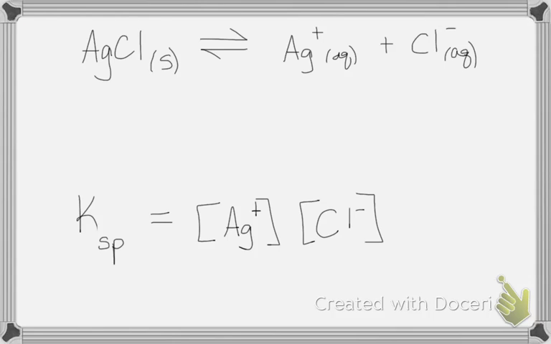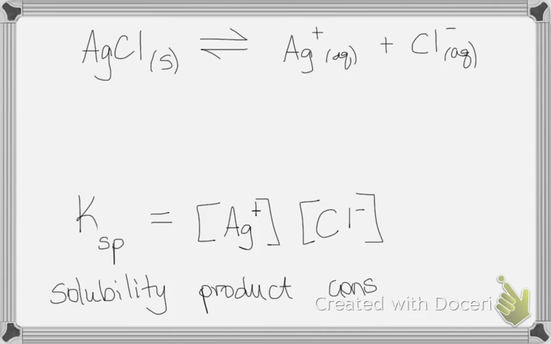And the Ksp is a solubility product constant. Could you write the Ksp expression? That's what this is right here. Ksp equals silver ions times chloride ions.